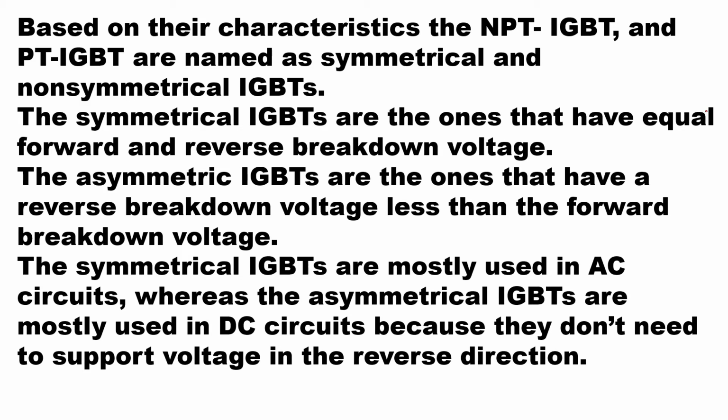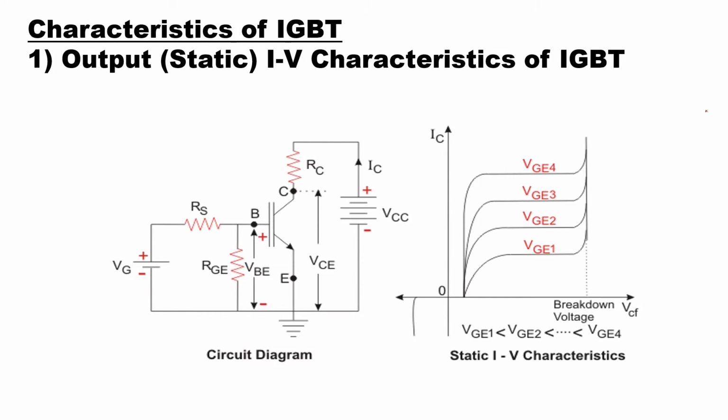Symmetrical IGBTs are mostly used in AC circuits, whereas asymmetrical IGBTs are mostly used in DC circuits because they don't need to support voltage in the reverse direction. This is the difference between non-punch through and punch through IGBTs. Then we'll see the characteristics of the IGBT.